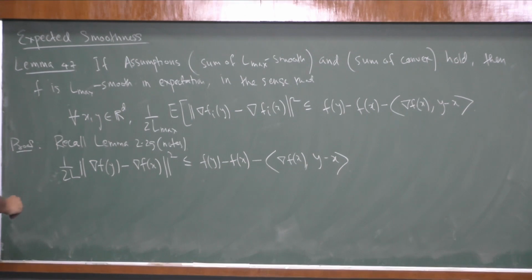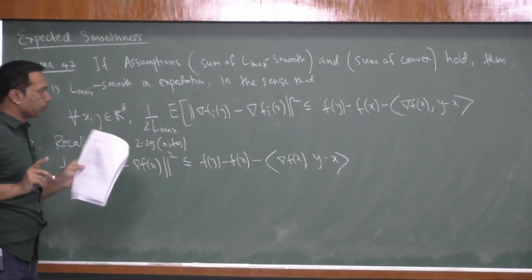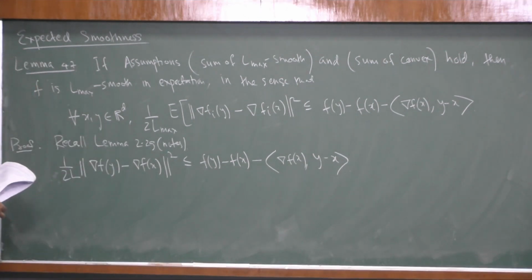So this is the lemma. We have proved everything so far in the notes, so we must have proved all this, and that's it. This is what we are supposed to use.